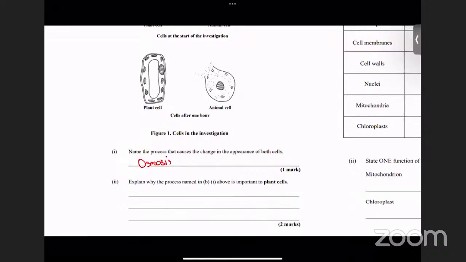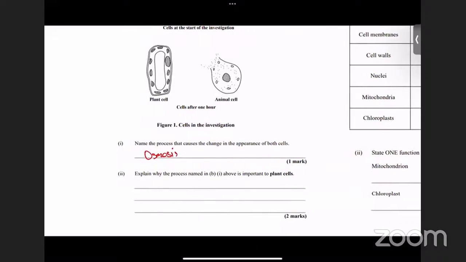Can you help me out? Put it in a bit better terminology. Use up your biology terminology. Anyone? Wait, what number are we on? 2.